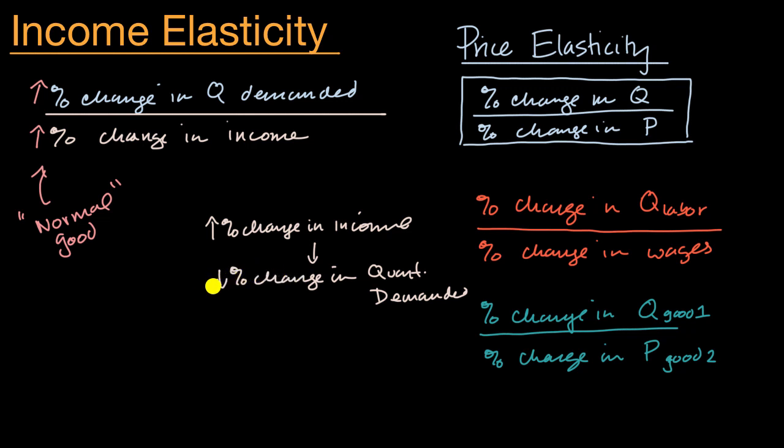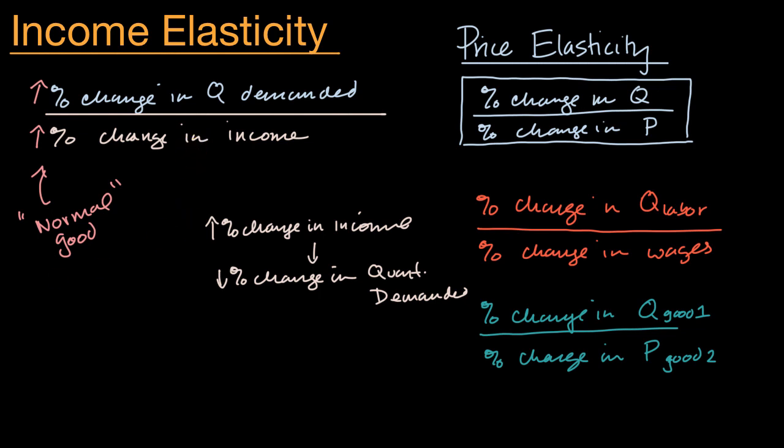Now, can you imagine any situations like that? Well, imagine if we're talking about the market for car mechanic services. As people have more income, they might be able to afford better cars that are more reliable, that break down less, and then they would have to go to the car mechanic less.